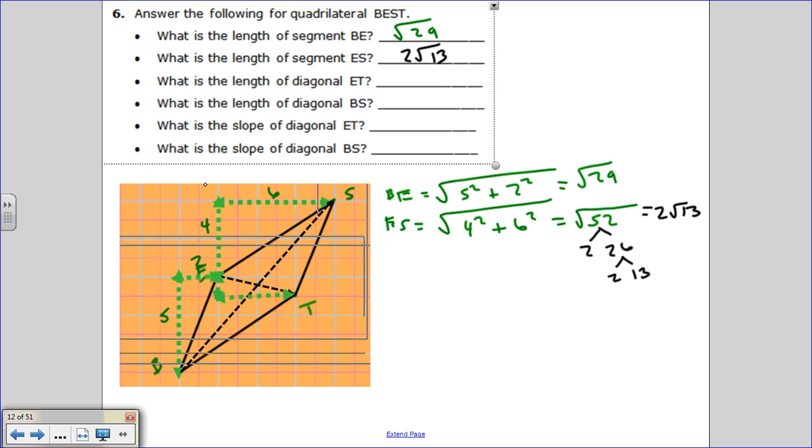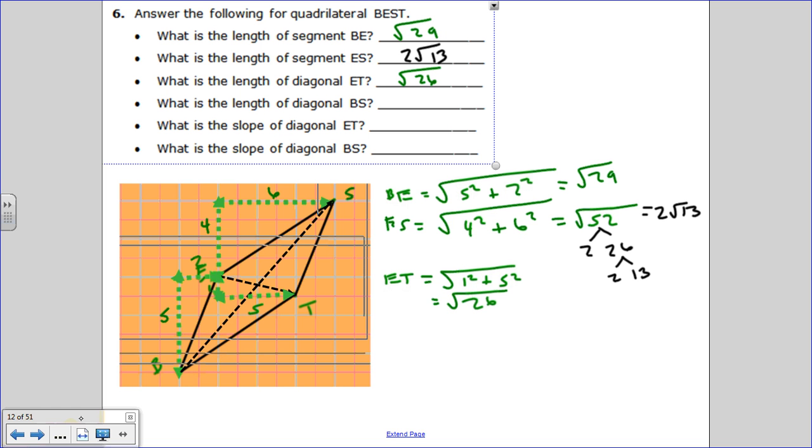It went 1 down, and 1, 2, 3, 4, 5, which means the distance from E to T is equal to the square root of 1 squared plus 5 squared, which is 1 plus 25, which is 26. And 26 breaks apart into 2 and 13, so it won't simplify any further than that. So you're going to have the root of 26.